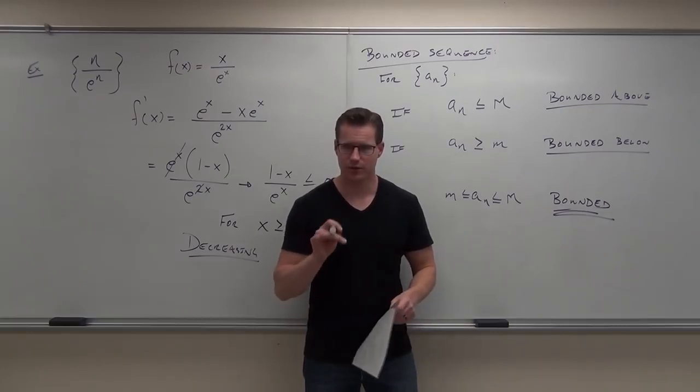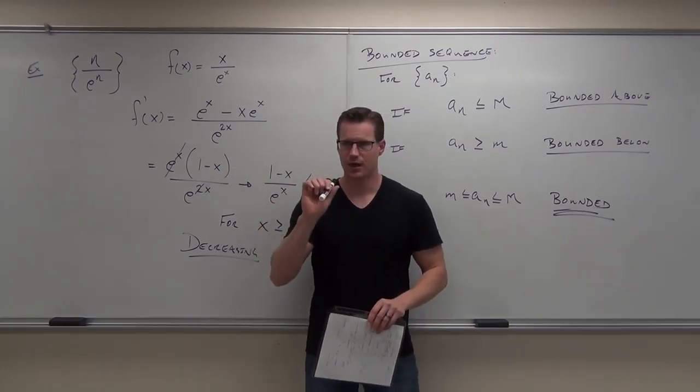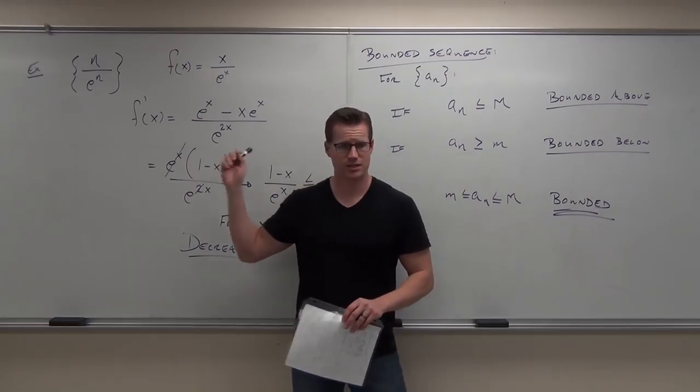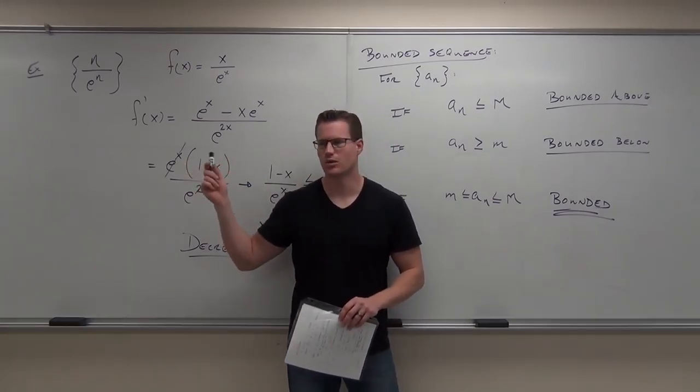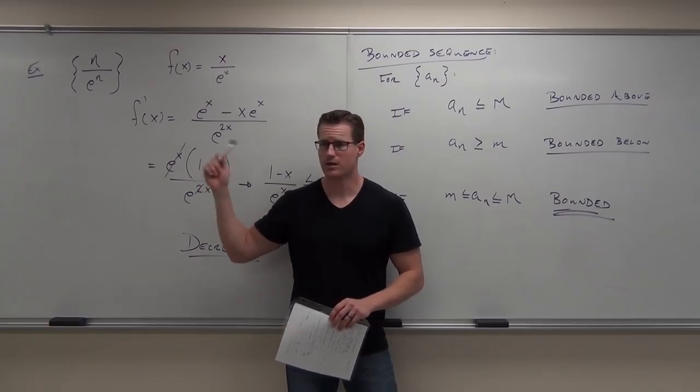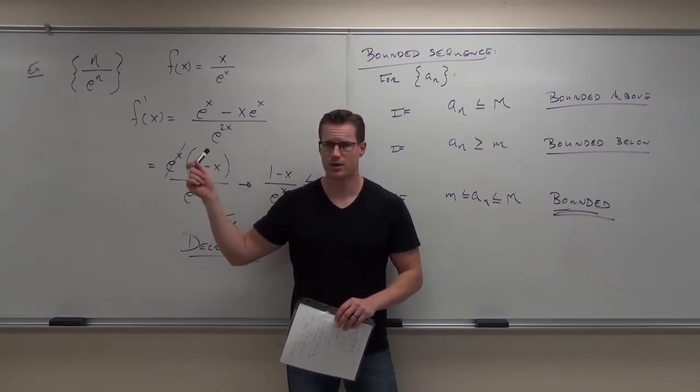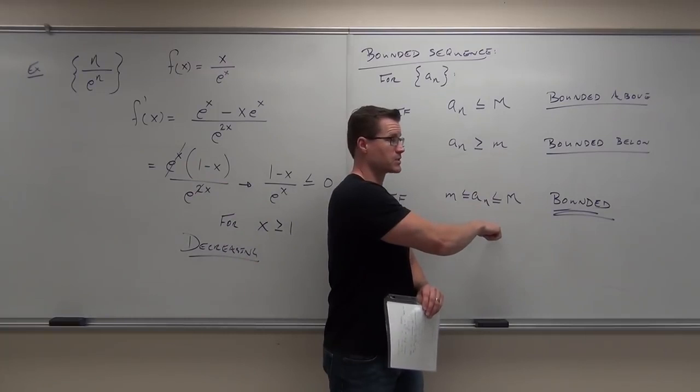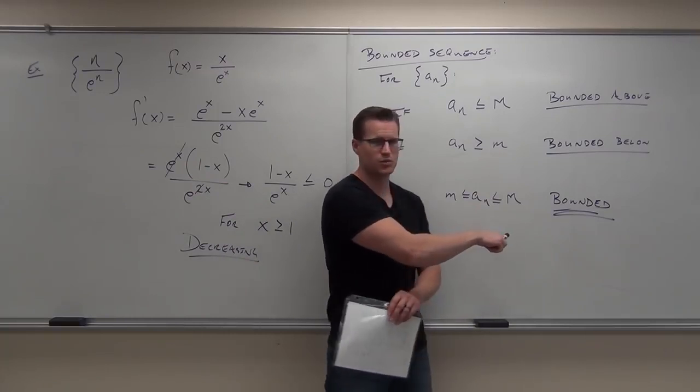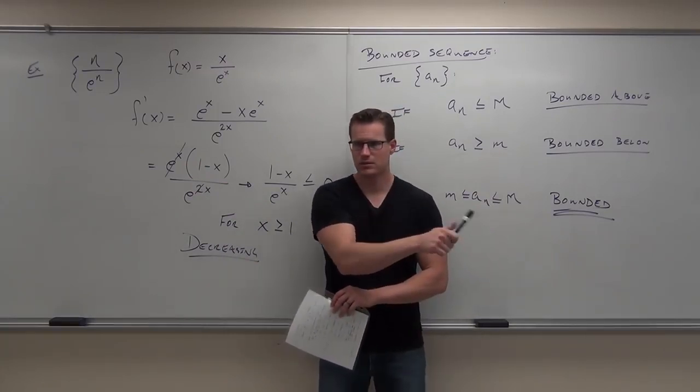Now here's the whole thing. We're going to put these two ideas together. Let's suppose that we have a monotonic sequence. This is going to be so logical. I hope it's logical to you. Let's say we have a monotonic sequence, and we know it's bounded. It's monotonic. That means what? That it's either increasing or decreasing.